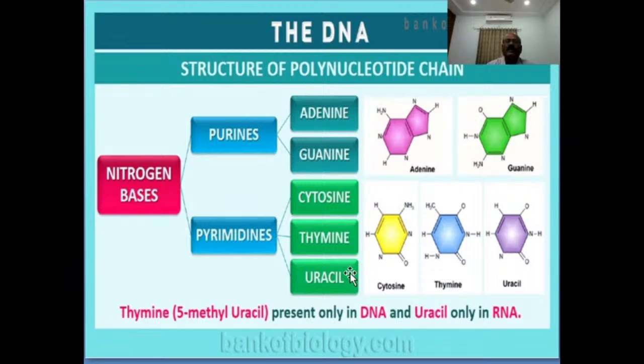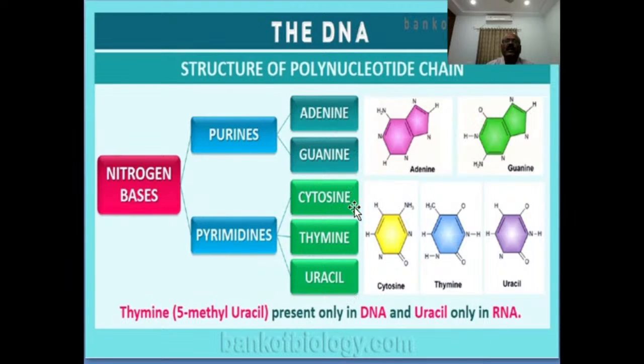Uracil is absent in DNA. RNA also possesses 4 types of nitrogen bases: adenine, guanine, cytosine and uracil. Thymine is absent in RNA. That means thymine is present in DNA, absent in RNA. Uracil is present in RNA, absent in DNA.